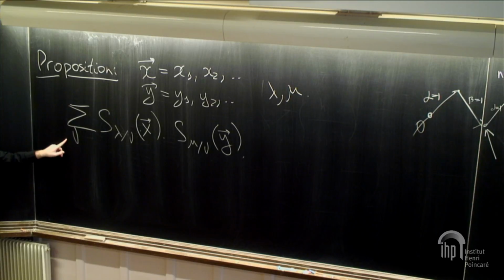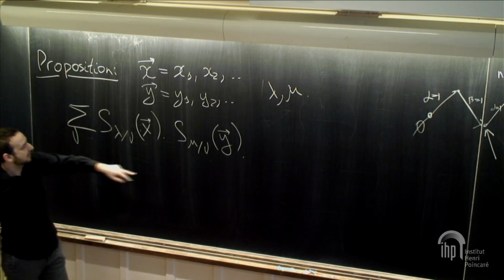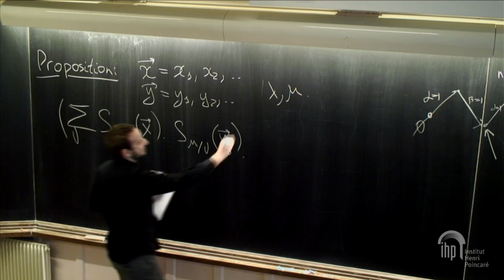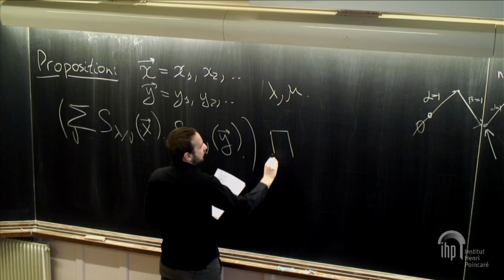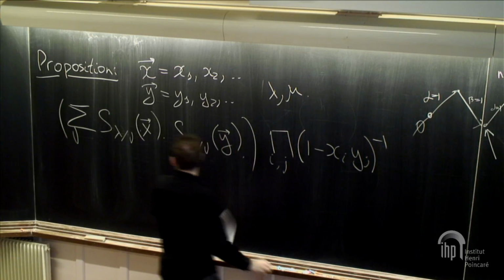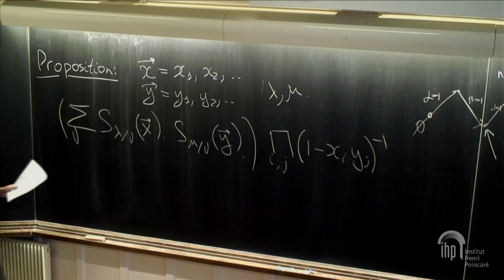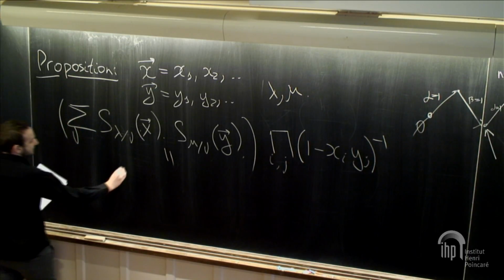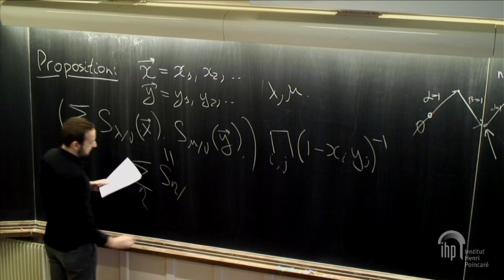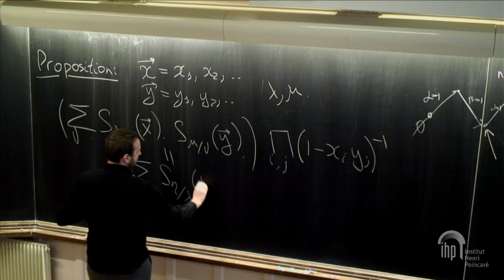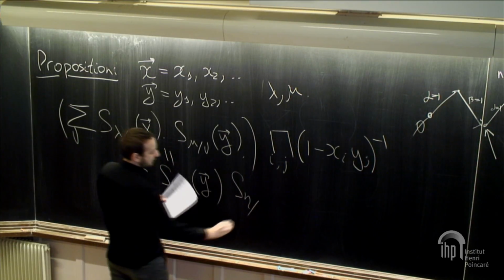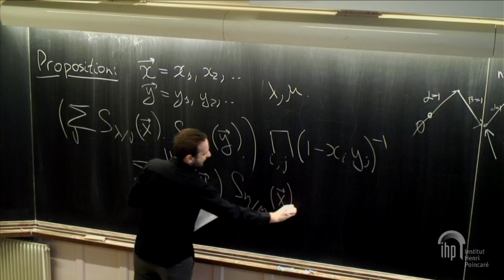In fact, that's a finite sum, because nu needs to be smaller than lambda and smaller than mu. But anyway, to make it a little bit more infinite, we will multiply it by the product over all i and j of (1 minus x_i y_j) inverse. And then the proposition is that it is actually equal to the sum over all eta of s eta over lambda of y times s eta over mu of x.